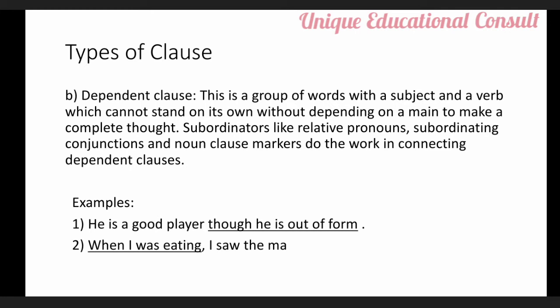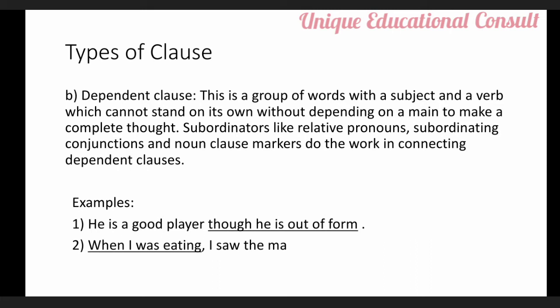So also we have it in a dependent clause. But what differentiates the two is that a dependent clause cannot stand and act on its own, but it has to depend on another type of clause, which is the independent or main clause.